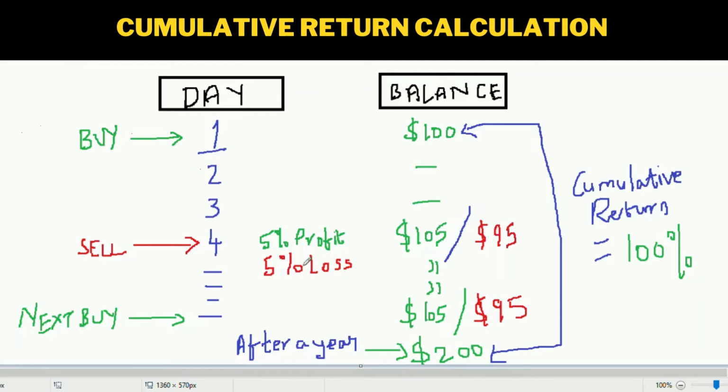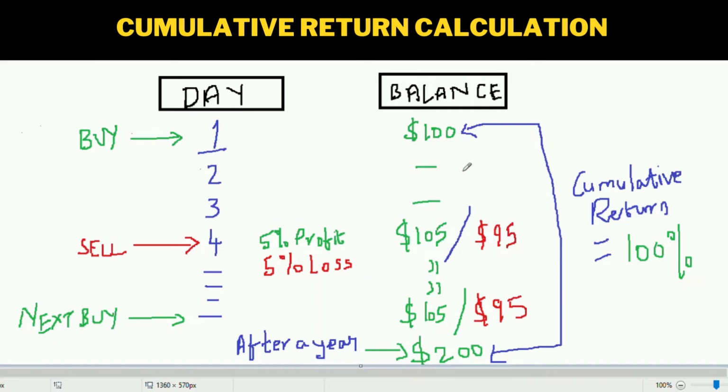Similarly, if it was a loss, then our balance would become $95. Now the point here is, when we get our next buy signal, we are going to reinvest the entire balance. Be it 105 or 95, the entire amount will be reinvested in the next buy trade.